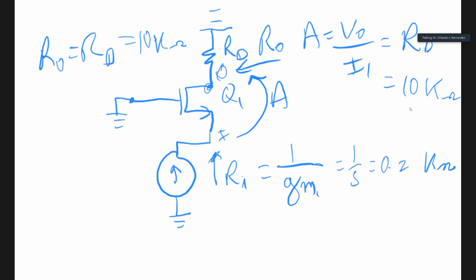So remember that the beta part was the common source here, and we were getting, remember that the output was over here somewhere, and we were sampling it through a capacitor divider.